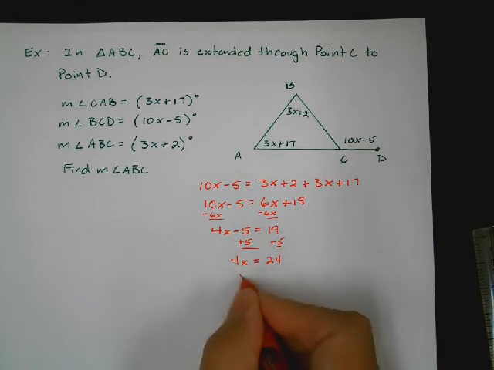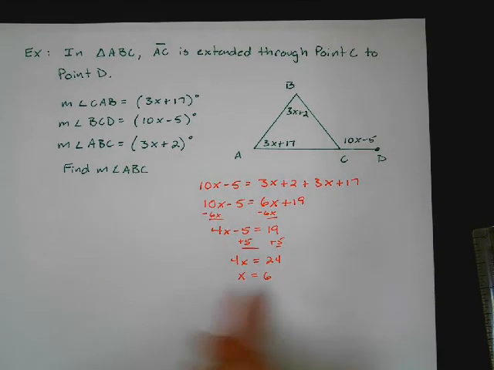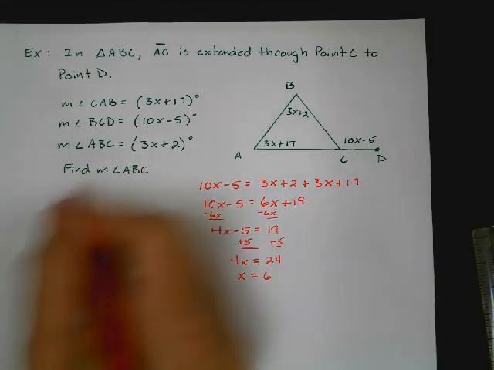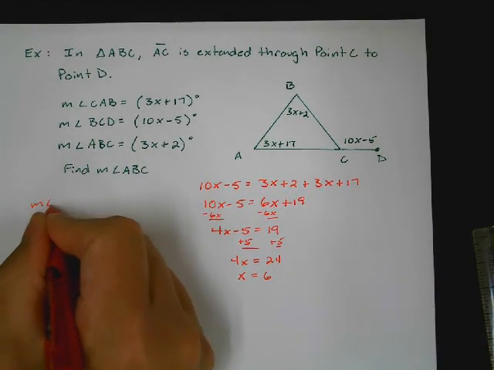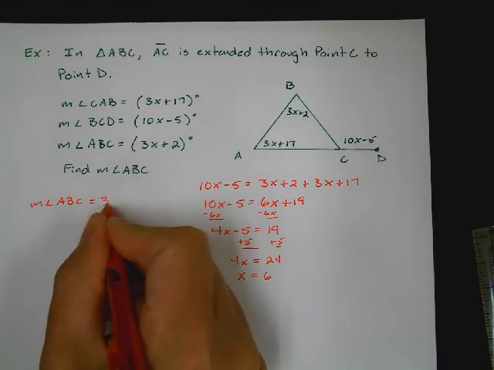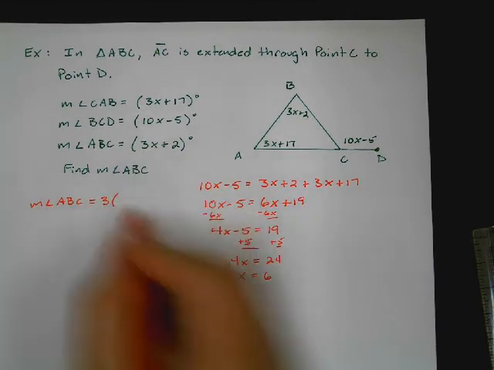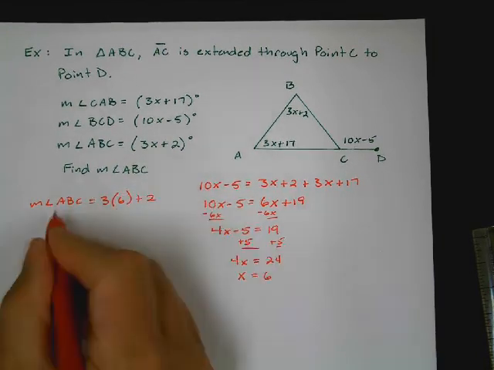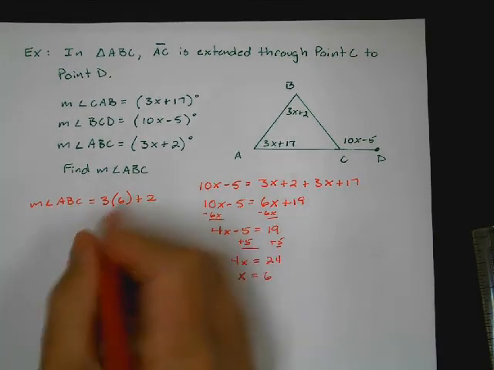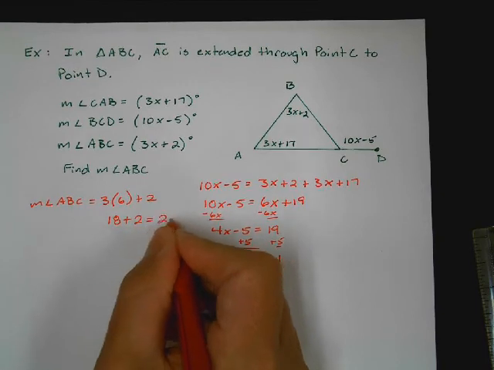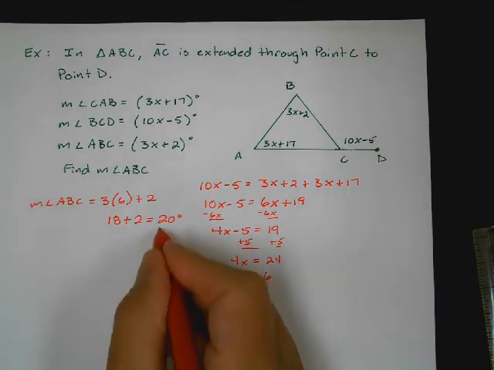Divide by 4 on both sides, and I get x is 6. Now, the problem didn't ask for x. It asked for ABC. So ABC is equal to 3 times x. X we just found out was 6, plus 2. So ABC is going to be 18 plus 2, which is 20 degrees. And now we have our answer.